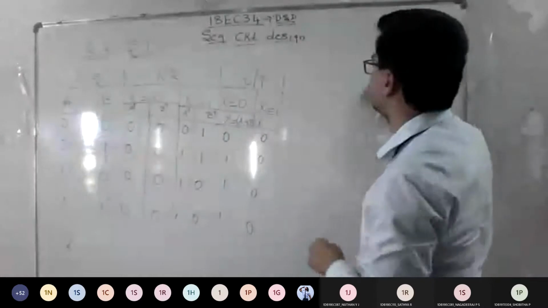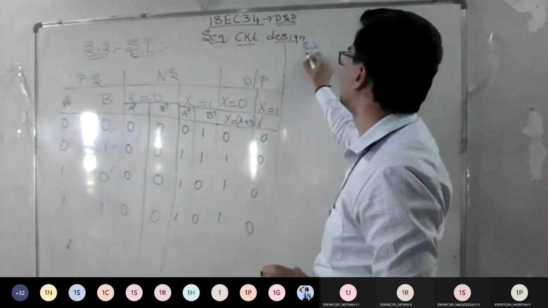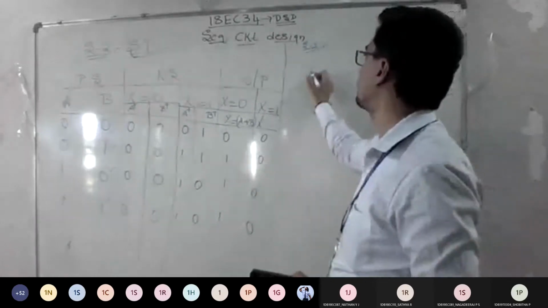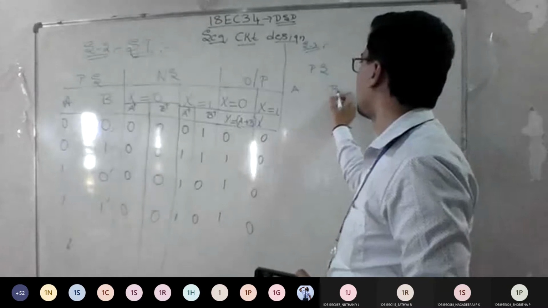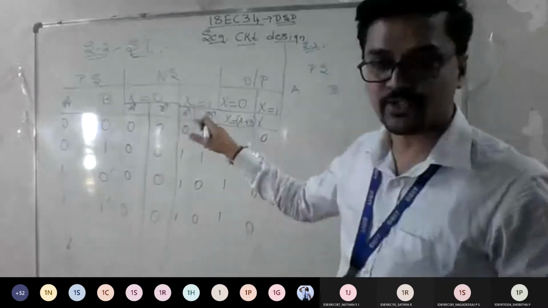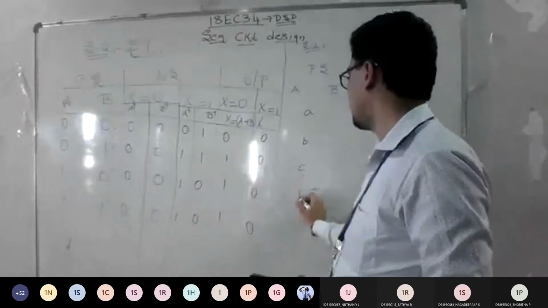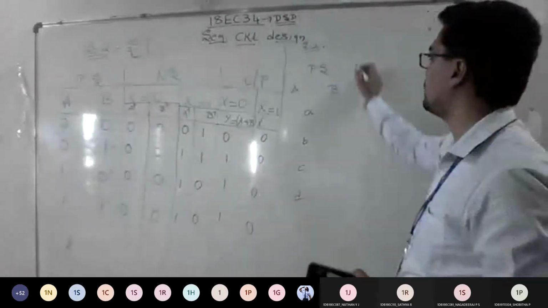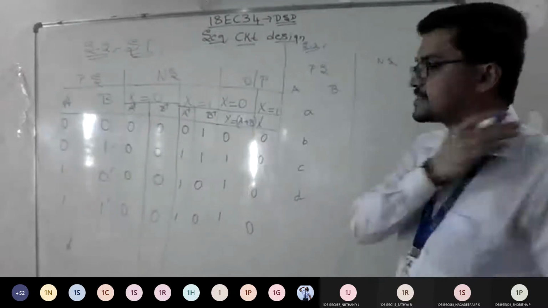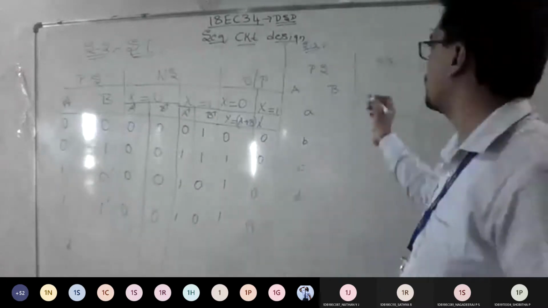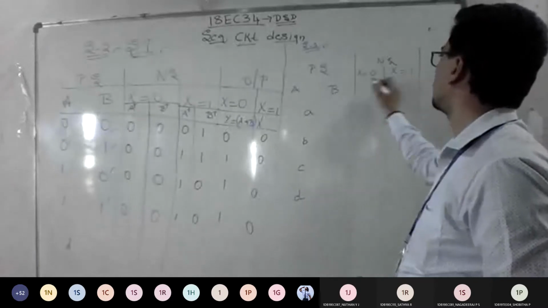So let's make step 3, the excitation table. In that you make a column for present state. Present state AB is there, but I am not going to designate 0 0, 0 1; I will designate them as A, B, C and D. For the next state, you again have 2 categories: one for x equal to 0 and one for x equal to 1.